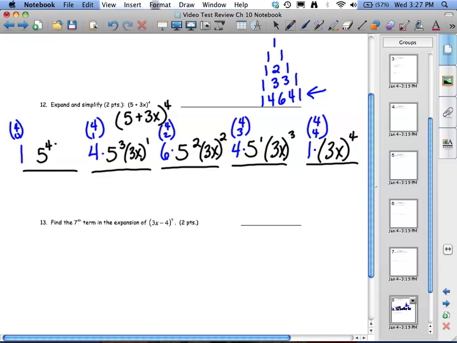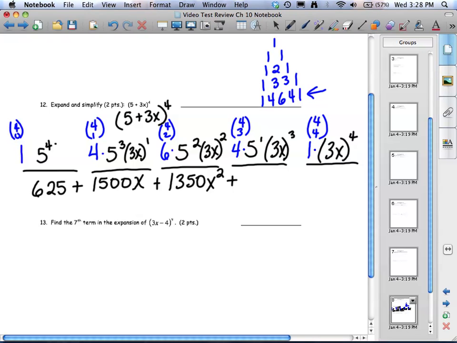So then you just work each part out. 5 to the 4th times 1 is 625. 5 cubed times 4 is 15. Oh, wait a minute. 5 cubed times 4 is 500, times the 3 is 1500, and then there's the x. 5 squared times 6 times 3 squared is 1350, x squared. 3 cubed times 5 times 4 is 540.